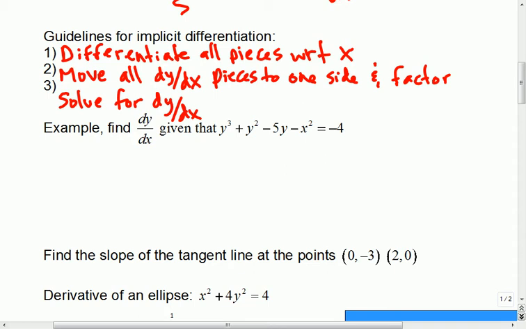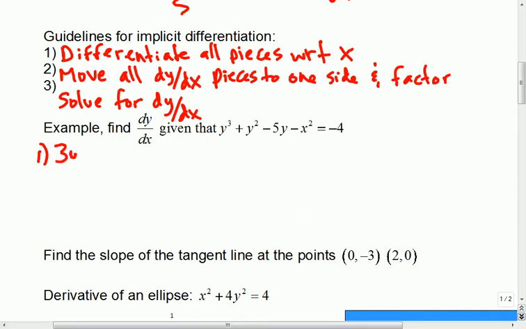I don't know that there's any easy way to figure out an explicit formula. There would be an easy one, obviously, in terms of x, because it would be easy to solve this equation for x. But that would also involve some square roots, which is going to bring in a chain rule. There's going to be lots of extra calculus to do. So I'm going to show you how this works if I do it implicitly. Okay, so the first thing that I mentioned was we want to differentiate everybody with respect to x.